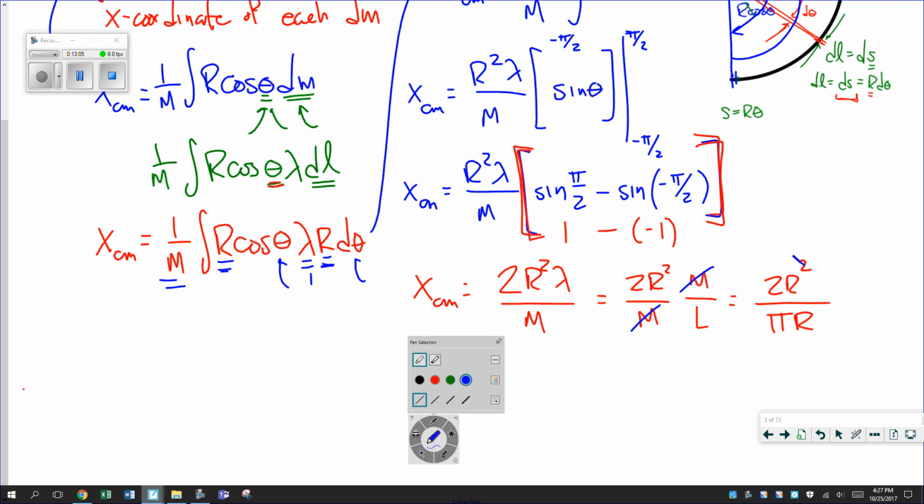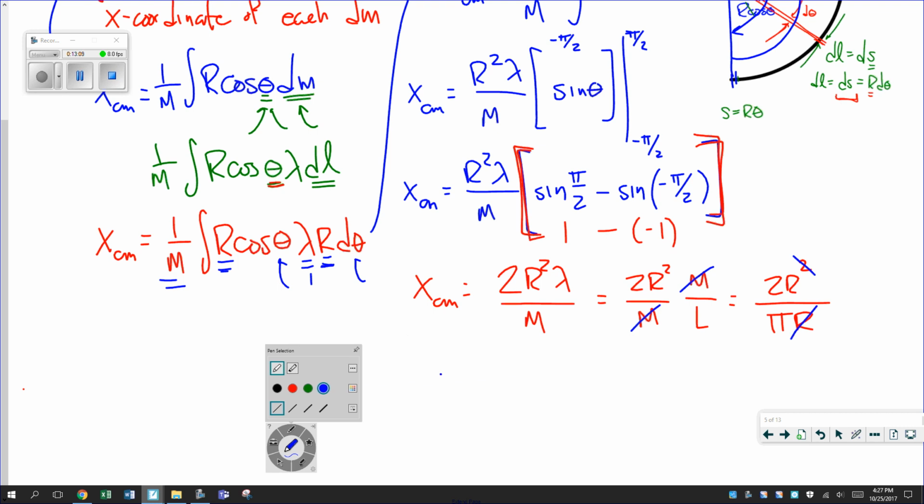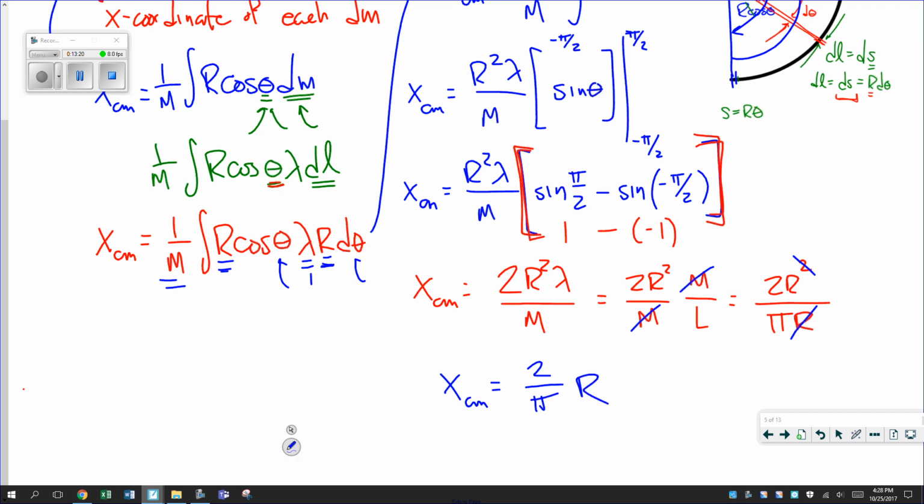And then a factor of r goes, and we have an answer. The position of the center of mass of this half circle, as measured from the center of the circle, is 2 over pi times r. 2 over pi times r.